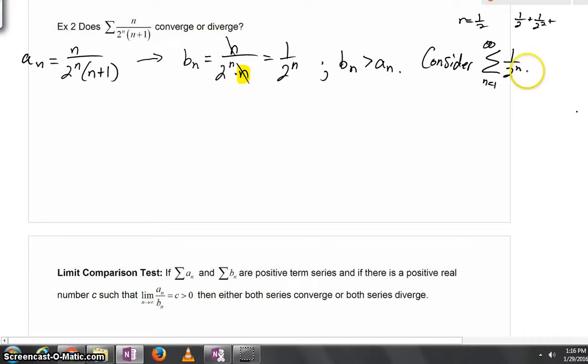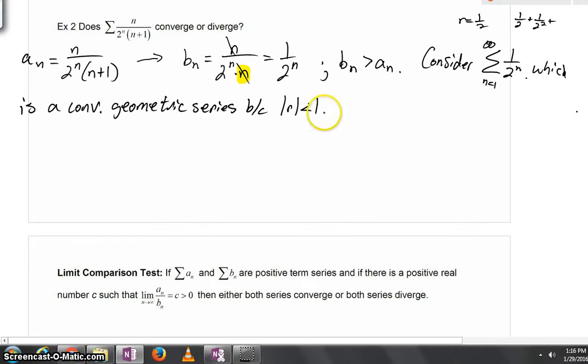So is this a convergent geometric series or a divergent? This is convergent. Consider this, which is a convergent geometric series, because your r is less than 1 in absolute value, right?